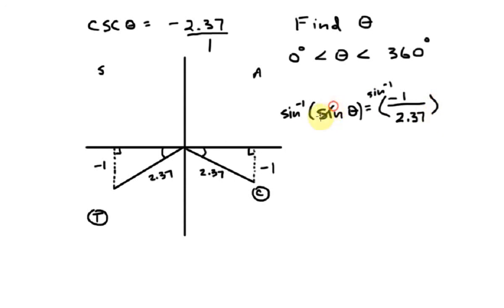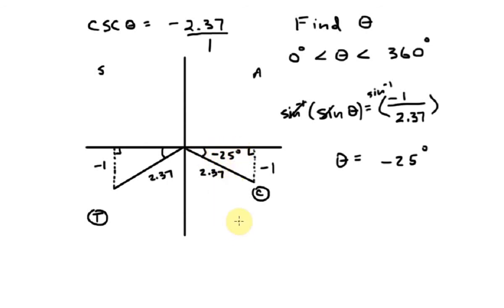That undoes the sine, and I have a basic answer for theta. The calculator spits out the following: negative 25 degrees. It really didn't matter which triangle I was visualizing, since the signs were negative in both of them. The calculator went for this one and threw in negative 25 degrees.